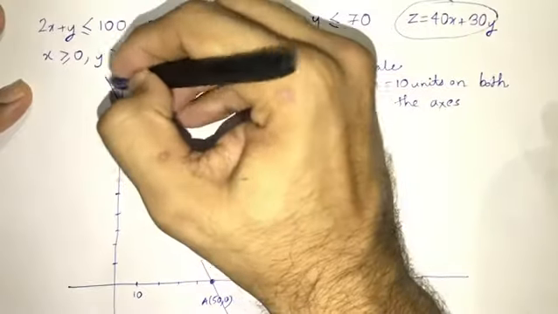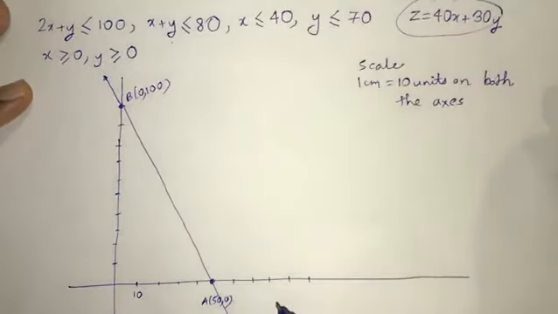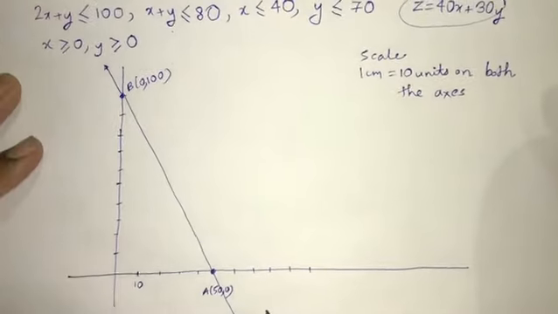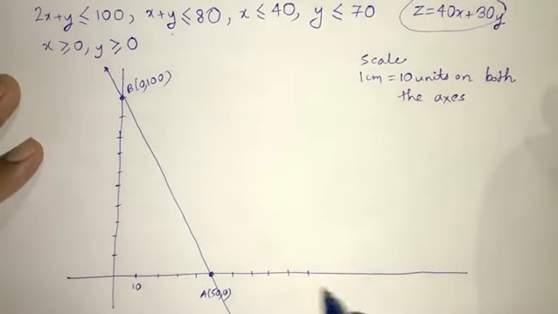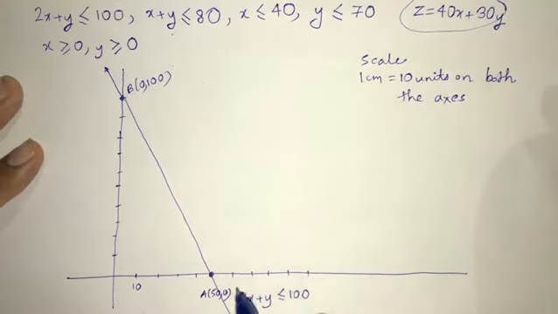Okay. So this is the first equation: 2x plus y less than or equal to 100. The next is x plus y equal to 80.